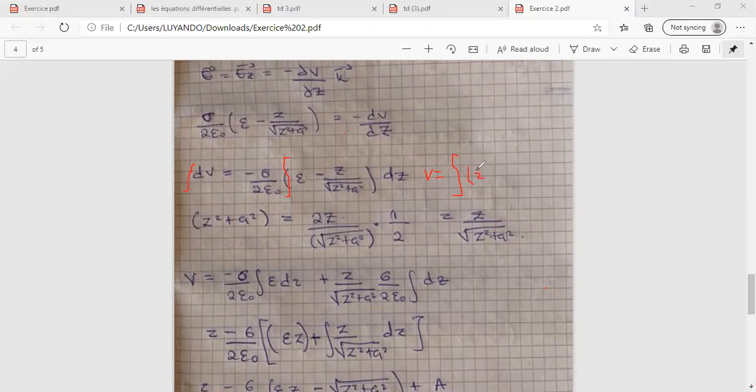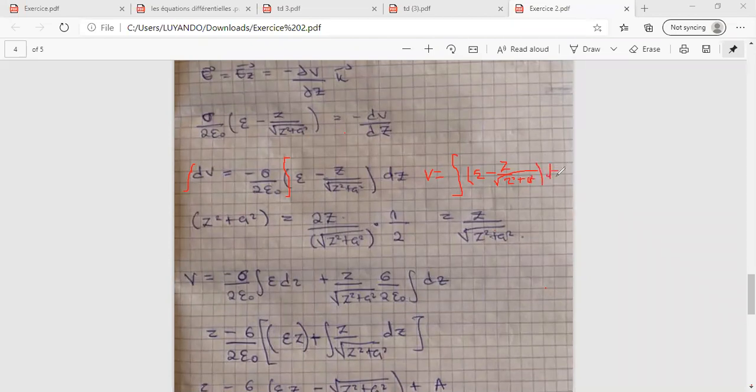The integrand is z over z squared plus a squared, which is what I have here, with respect to dz.